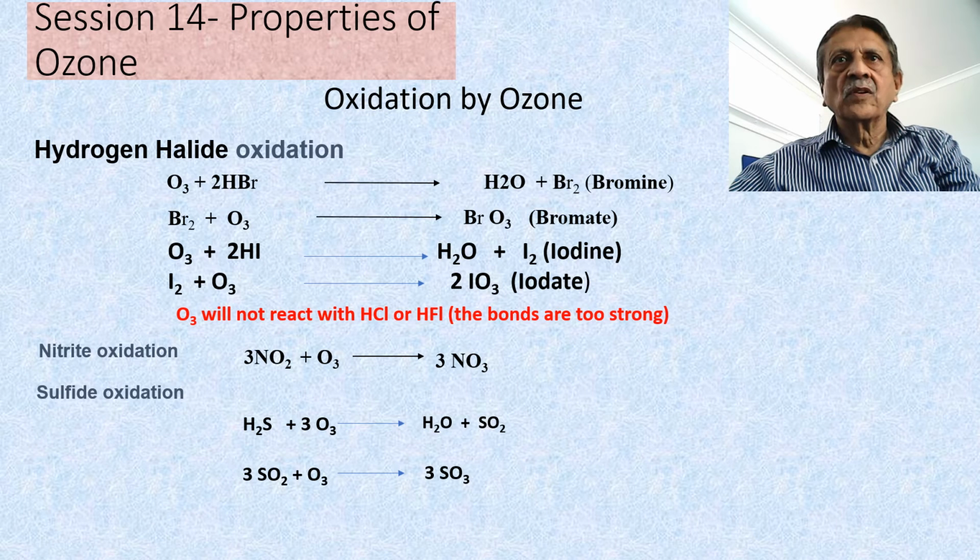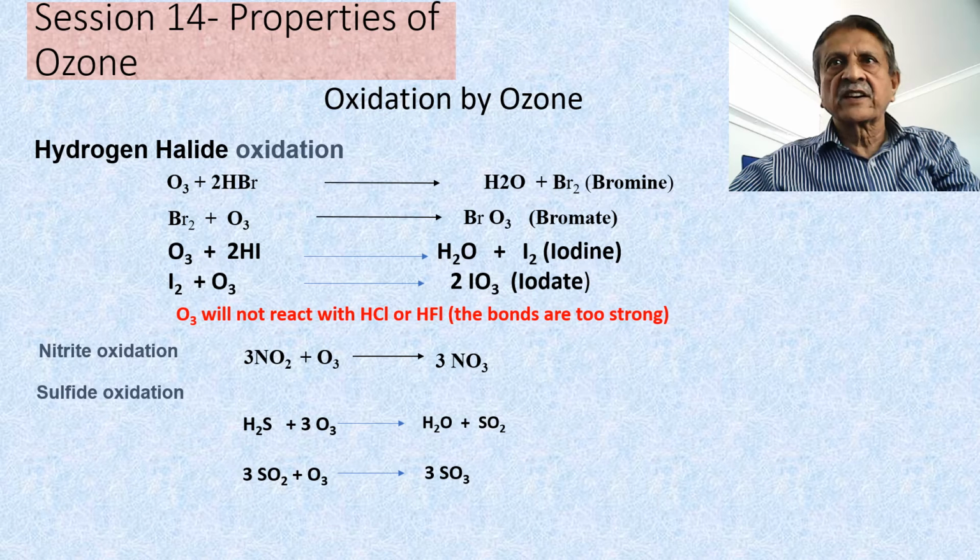When ozone is subjected to nitrogen dioxide, it forms nitrogen oxide or nitric oxide, and that's how nitrites are oxidized. Hydrogen sulfide is oxidized by ozone to form sulfur dioxide. Sulfur dioxide can be further oxidized to form sulfur trioxide.